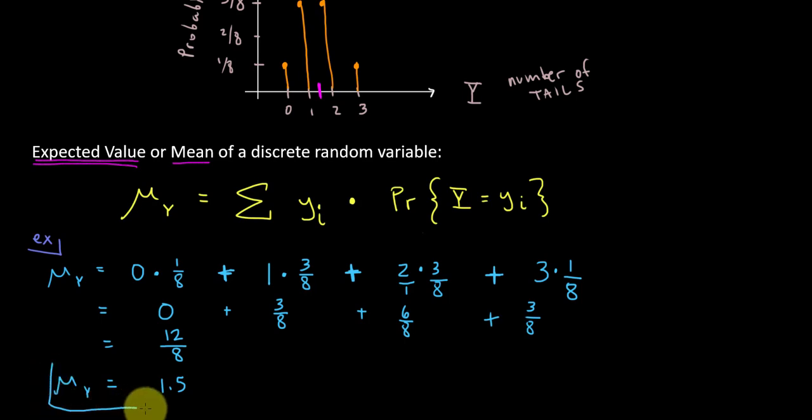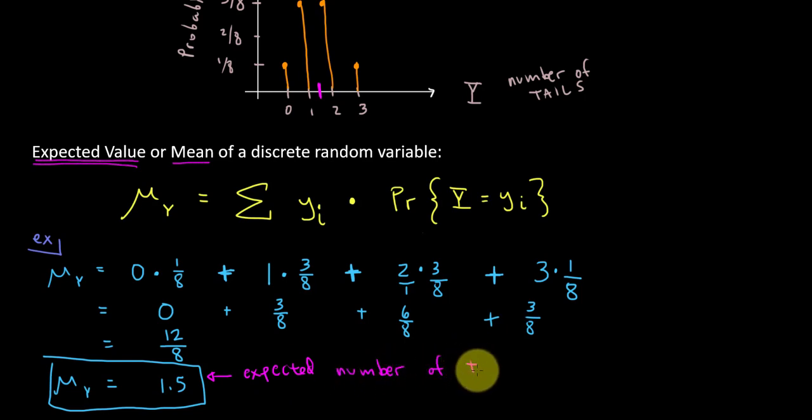So we did it. Our hard work corresponded with our intuition up here. So this would be the expected number of tails in 3 coin flips.